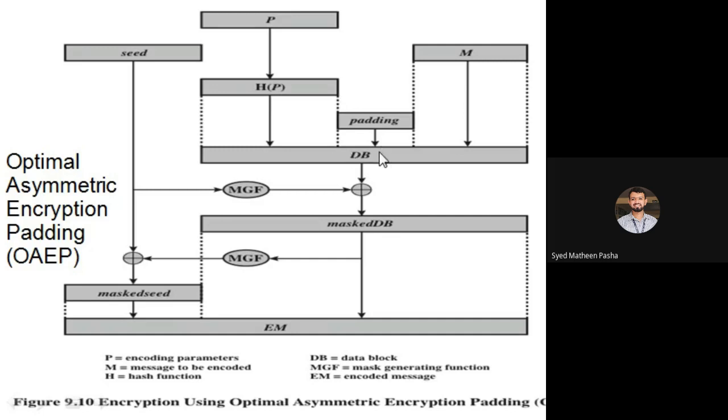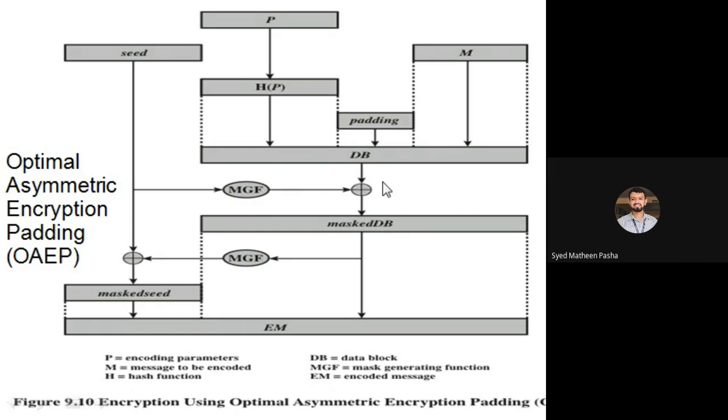Now I have some data. In the data block, we have data which we get from the message M. Now if I take an example of a huge amount of data, I should filter that. So I'll apply a function called the MGF function on this data, where I get filtered data, that is a masked data. I am limiting something with respect to that data.